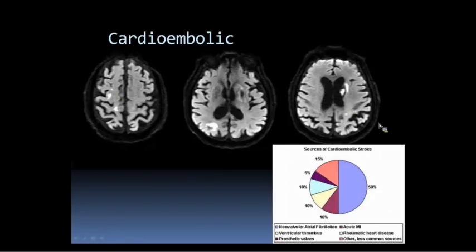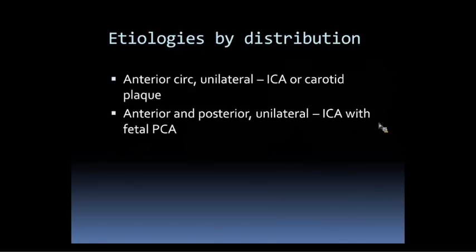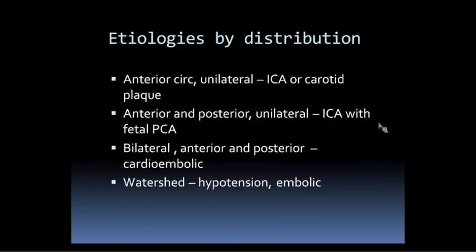It's going to be something cardiac, most commonly AFib, but obviously there are many other causes as well. So bilateral, multiple territories, anterior and posterior, think of cardioembolic phenomena. So watershed can also be related to embolic, but more commonly hypotension.